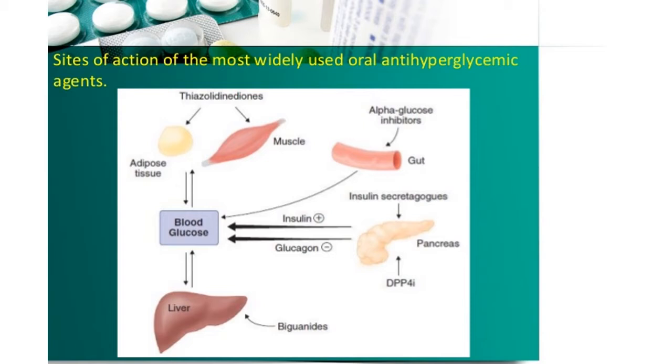Similarly, DPP4 inhibitors also act on the pancreas, and they increase the insulin secretion from the functioning beta cells of Langerhans. All of these agents lead to a decrease in the blood glucose level. Similarly, biguanides act on the liver and cause a decrease in the blood glucose level. This is for your remembrance, the site of action of different antihyperglycemic drugs.